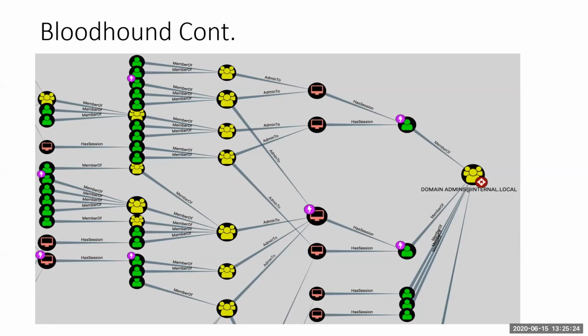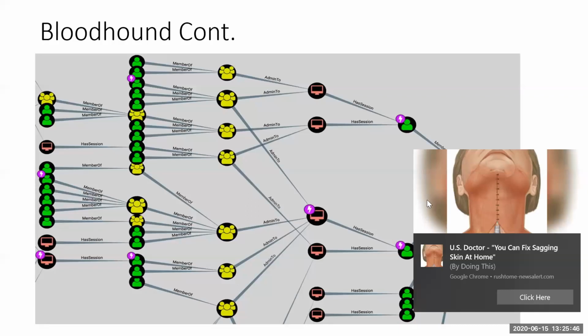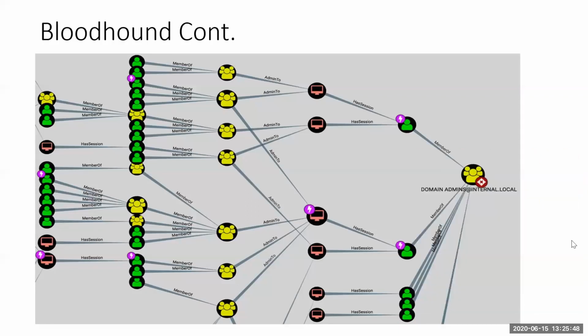a lot of times the way attackers work is they'll compromise a host and then collect credentials from that host. And as you can see, this host at the top has a session to a user, which is a member of AD. It also has users that are members of another group that's an admin to that host as well.